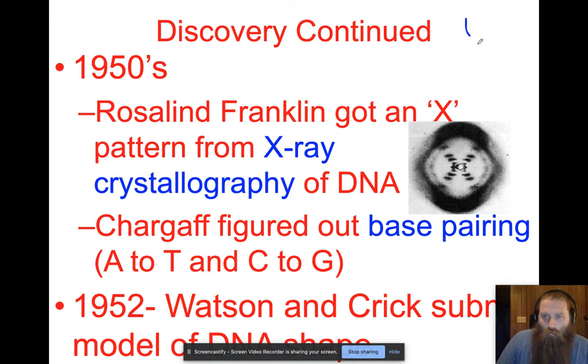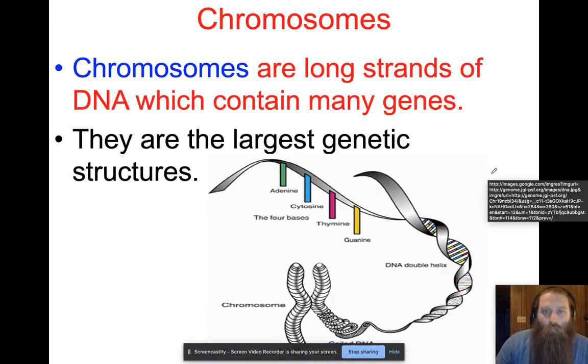A lot of times when we just sketch it, we want to sketch it like this. So we'll draw two intertwining strands, kind of like shoelaces, and then we just alternate our ladder so it looks like it's been twisted. So this is the shape that they came up with.